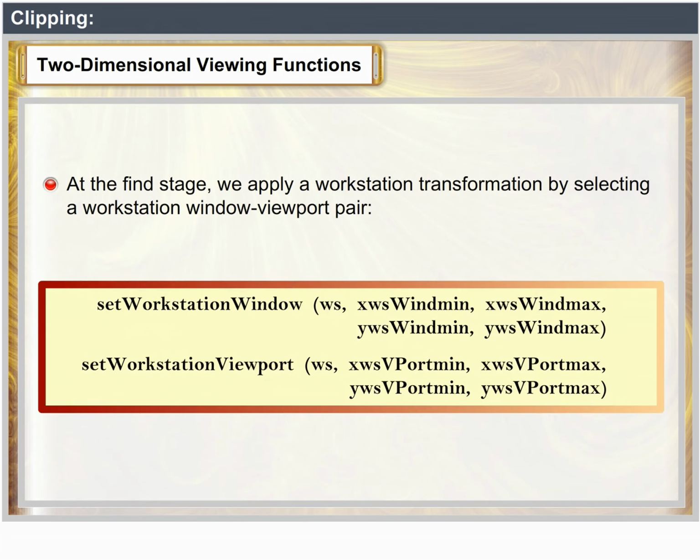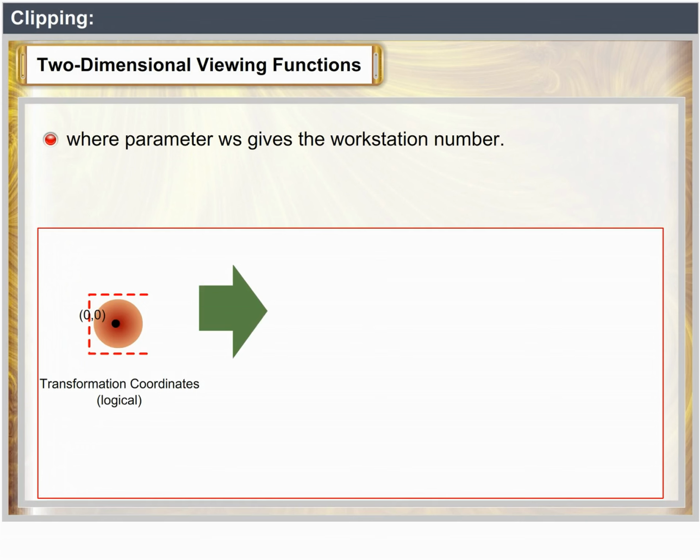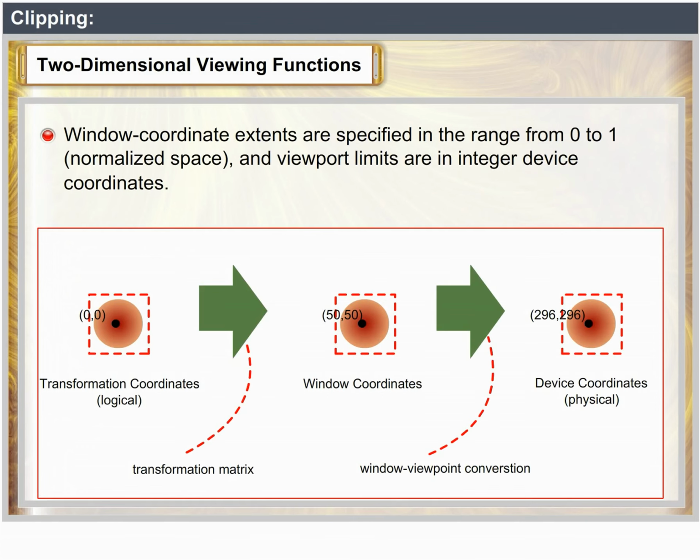At the final stage, we apply a workstation transformation by selecting a workstation window viewport pair, as shown below, where parameter ws gives a workstation number. Window coordinate extents are specified in the range from 0 to 1, normalized space, and viewport limits are in integer device coordinates.